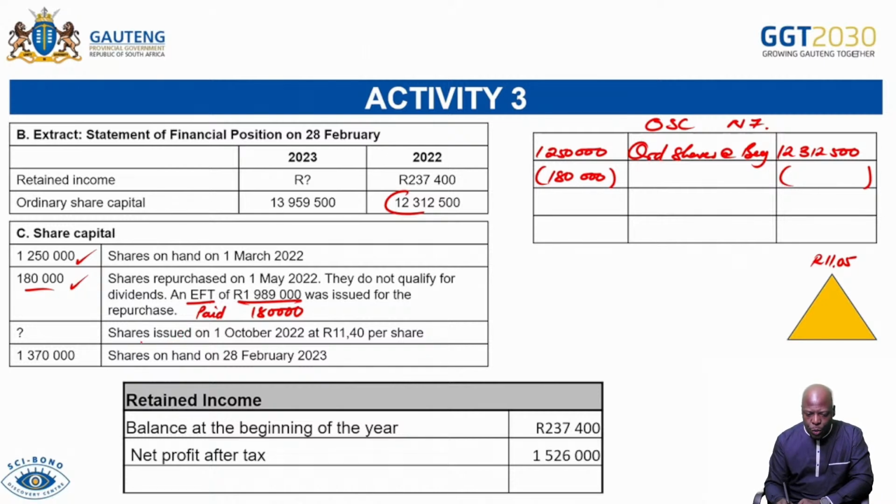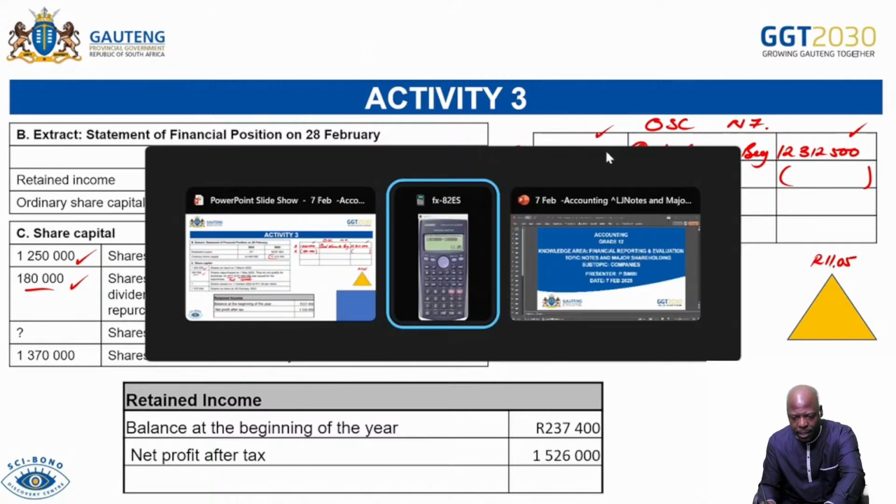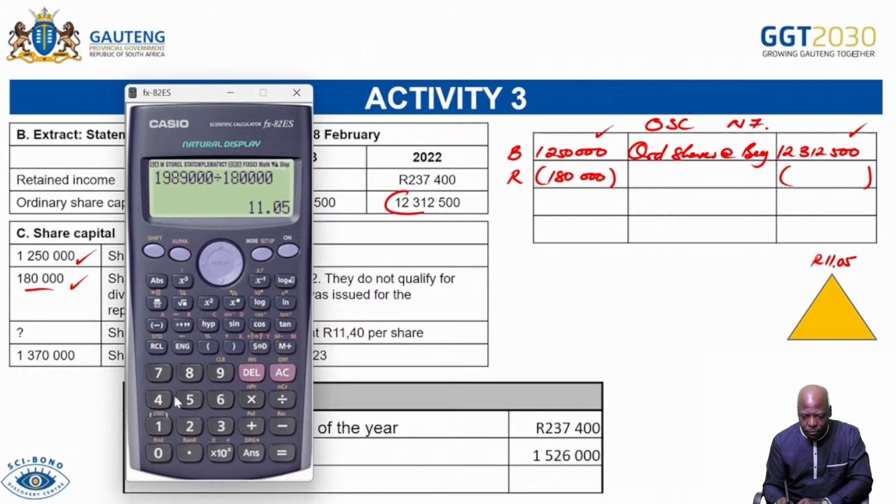Shares in issue, we don't know how many shares were issued. They didn't tell us. But here, can I get the average price? Yes, I can now. Remember, this is beginning and this is repurchase. So I can get my average price just by taking my 12,312,500 and dividing it by my 1,250,000.